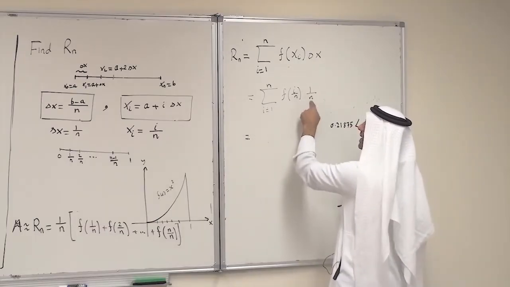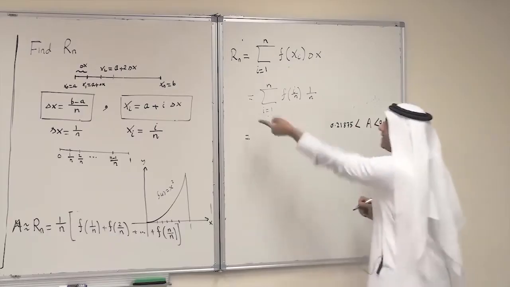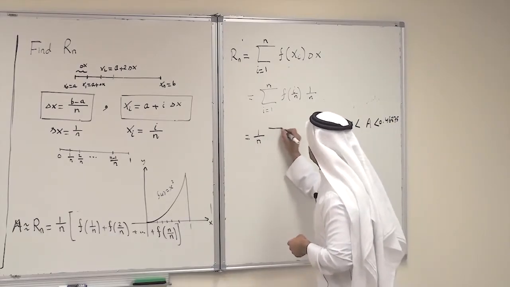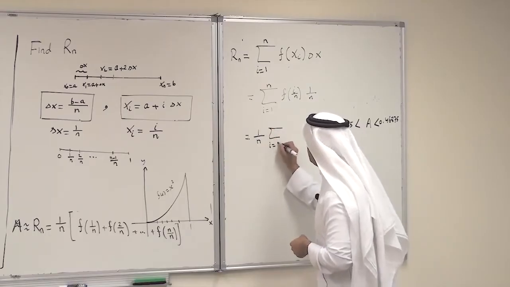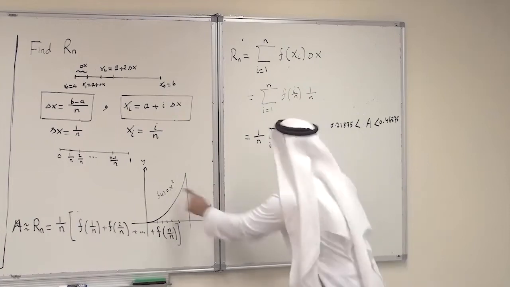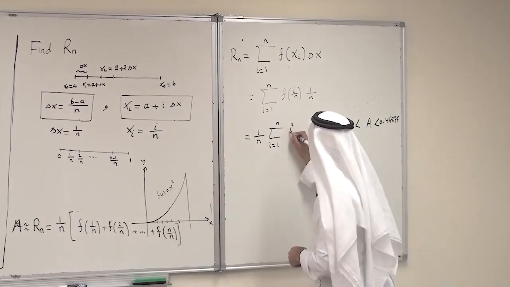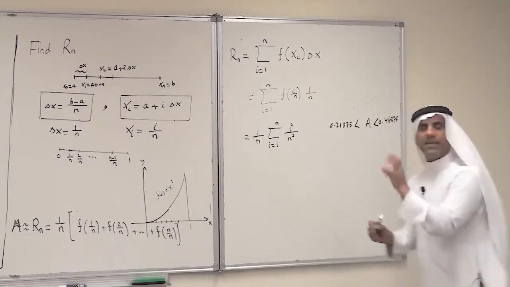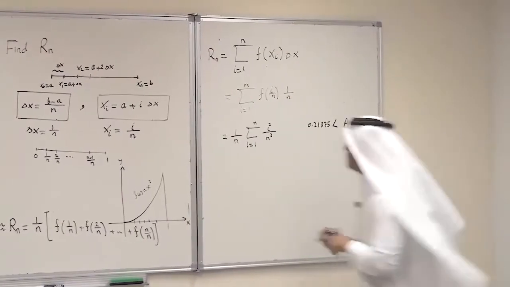So 1 over n has nothing to do with i. So I can take it outside the summation. This is 1 over n, summation of i equal to 1 up to n. What is f of i over n? Substituting here, you get what? You get i squared over how much? Over n squared. I'm taking the number and squaring it. Good.